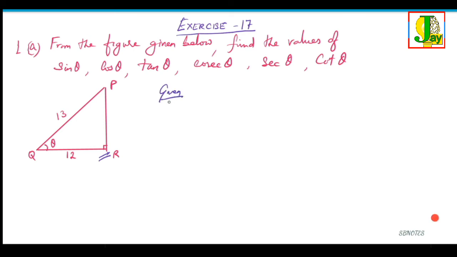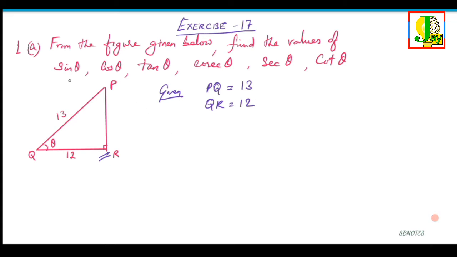Given we have PQ equals to 13 and QR equals to 12. And this angle PQR is given, angle theta.